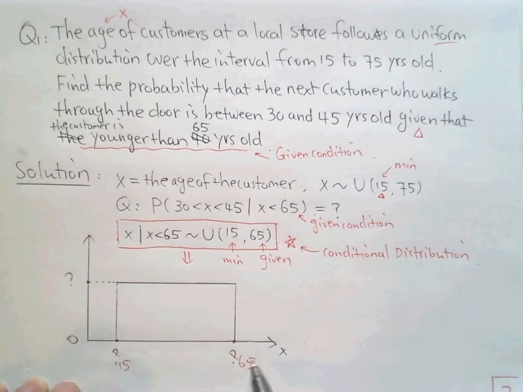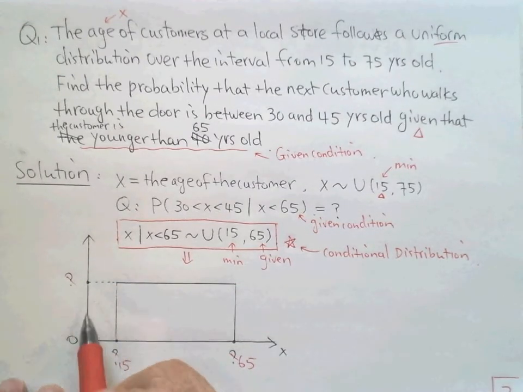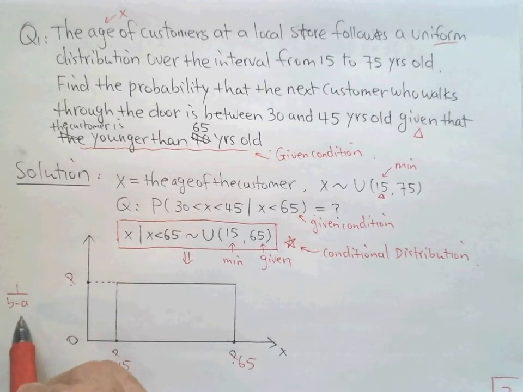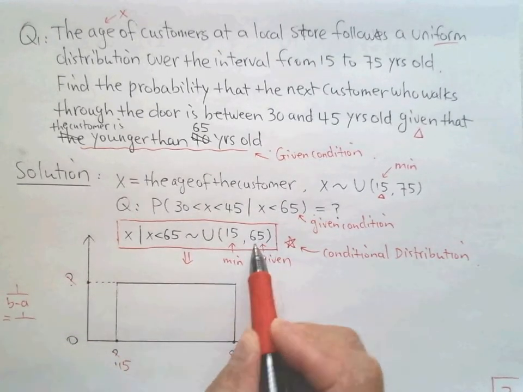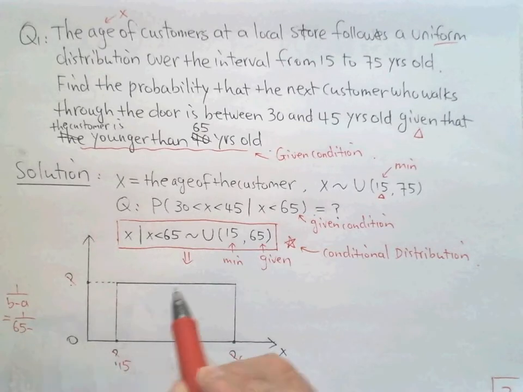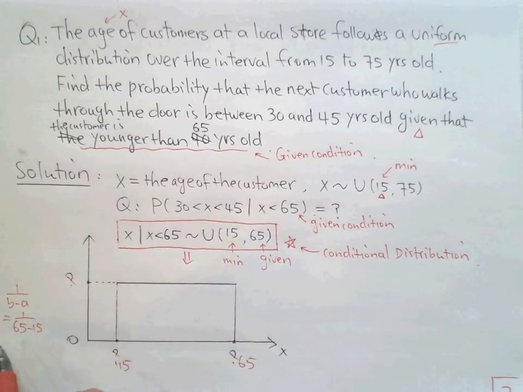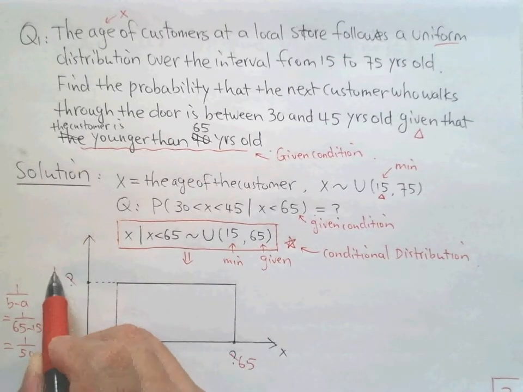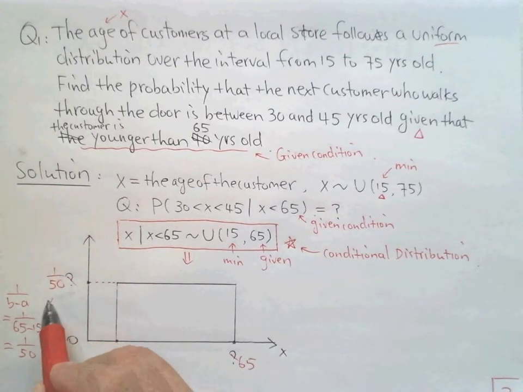And the other end is 65. Now, how tall? Remember we have the formula 1 over b minus a. Now b is 65 and a is 15, and then do the calculation: 1 out of 50, right? So this is 1 out of 50.